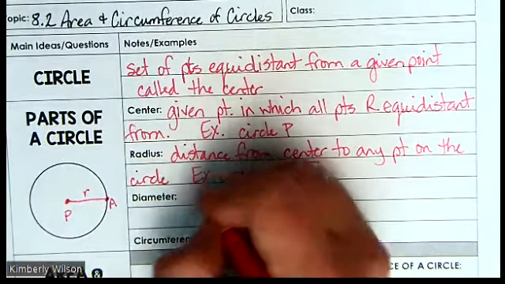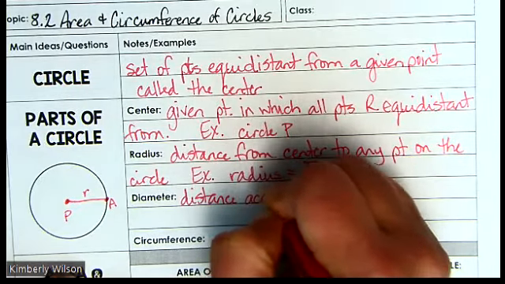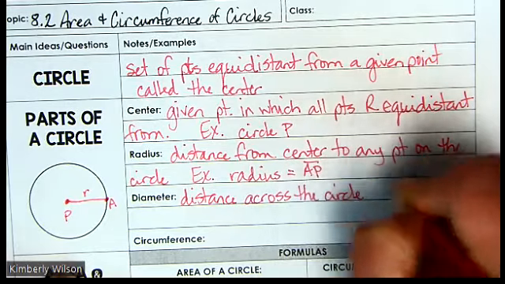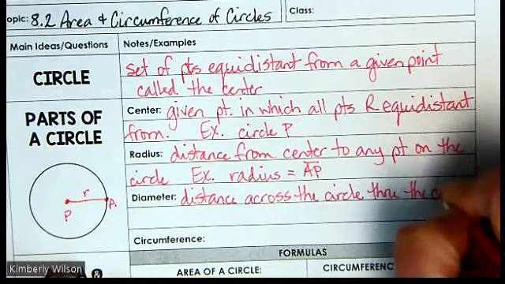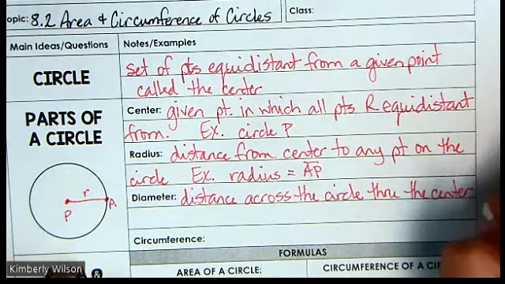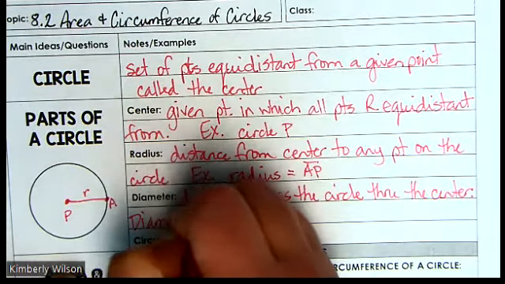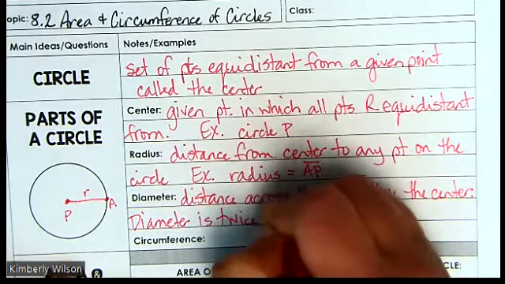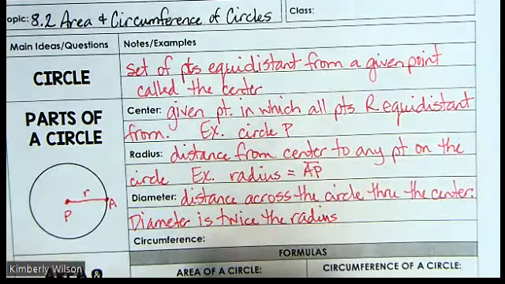Now the diameter is the distance across the circle through the center, and also the diameter is twice the radius because it's in a sense two radiuses.